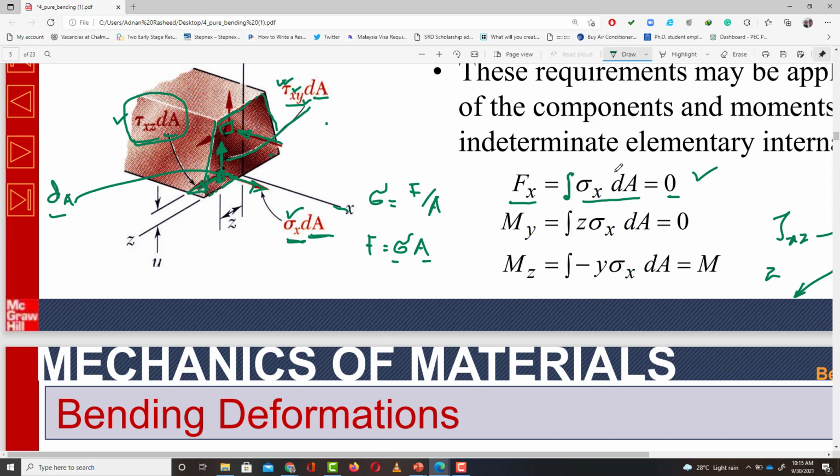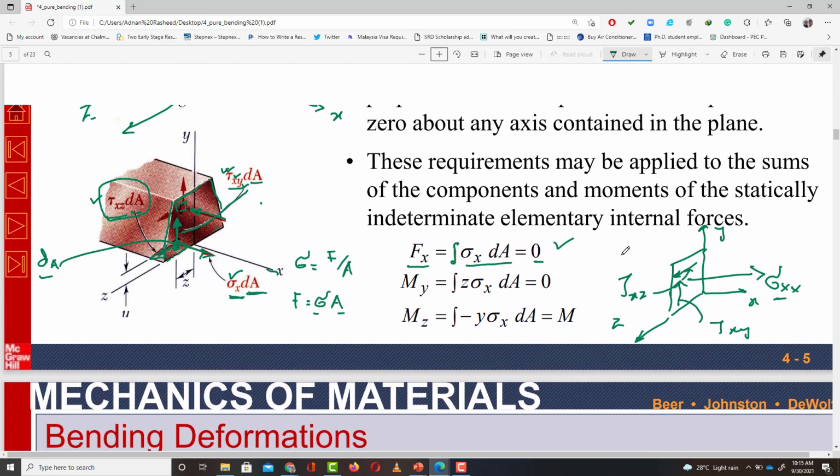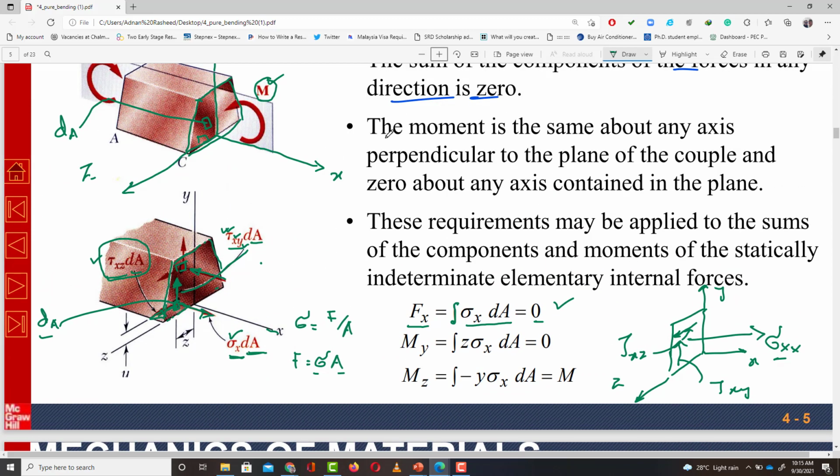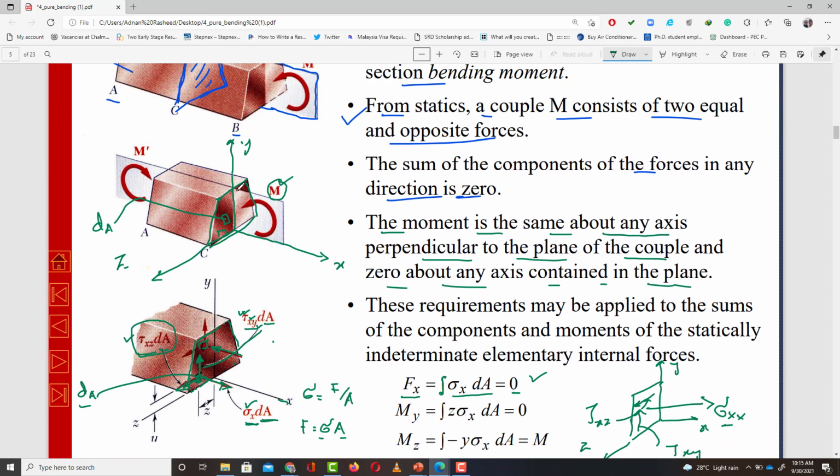The second thing, which is very important and you must understand, is that the moment is the same about any axis perpendicular to the plane of the couple and zero about any axis contained in the plane. You can see this is the longitudinal plane mm dash, and this longitudinal plane contains the x and y axes, not z.